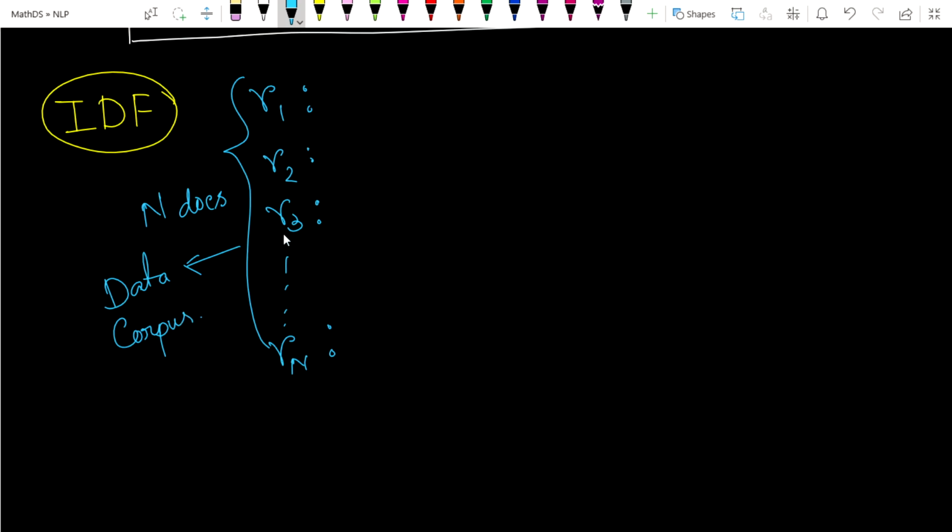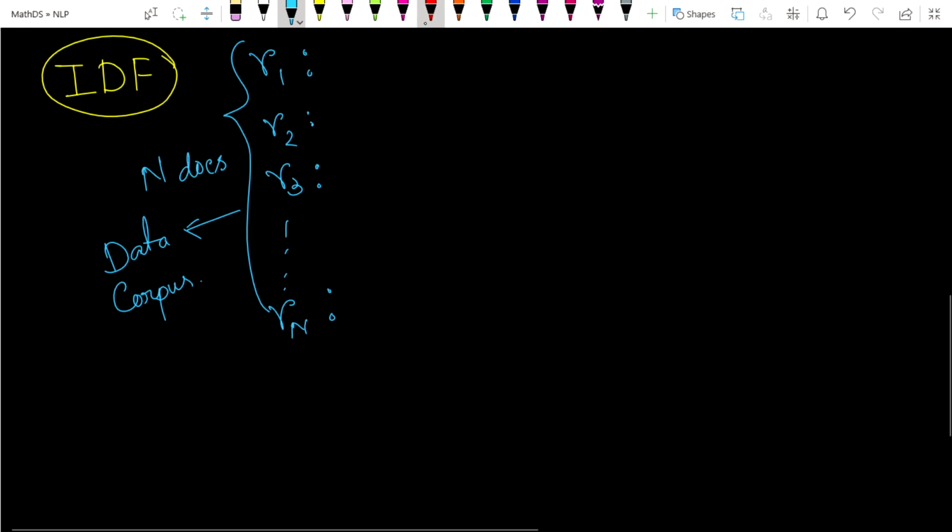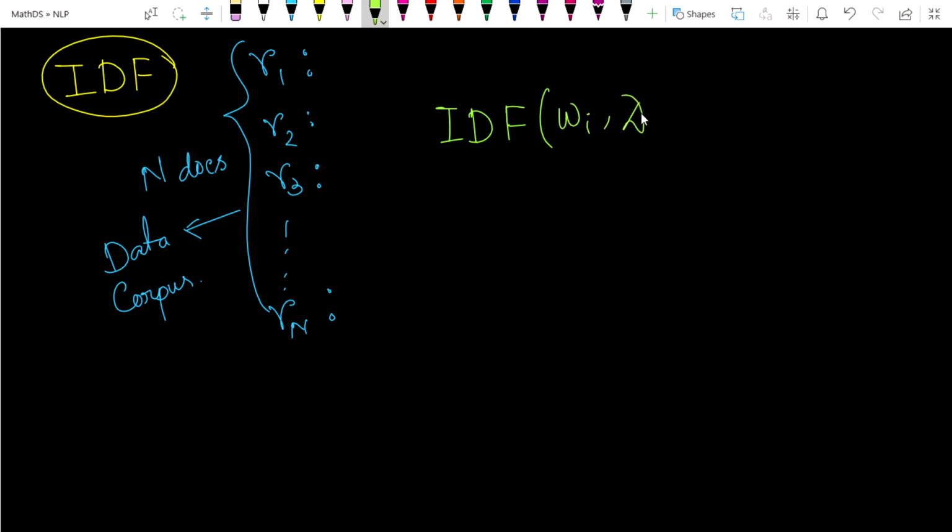Suppose each sentence or each document has some combination of words. So the definition of IDF, inverse document frequency, is for a particular word wi in the whole data corpus. We denote the data corpus simply by DC.